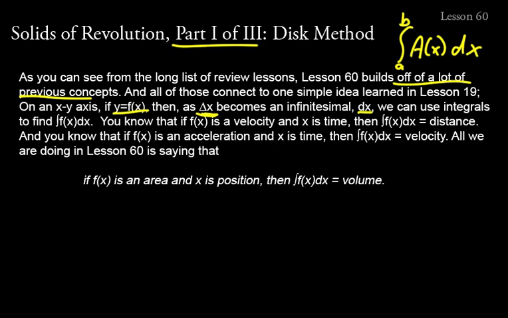You've done problems where if f of x is a velocity, like meters per second, and x is a time in seconds, then f of x times dx equals distance over time times time is distance. You know that if f of x is an acceleration and x is time, then the integral of f of x dx is velocity. So all we're doing here is this.